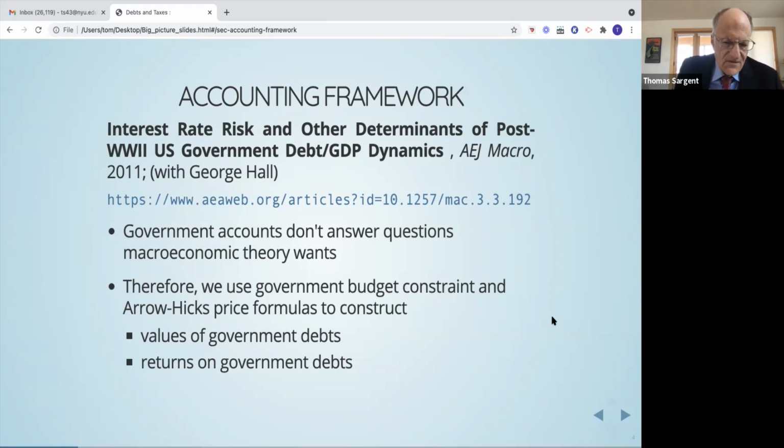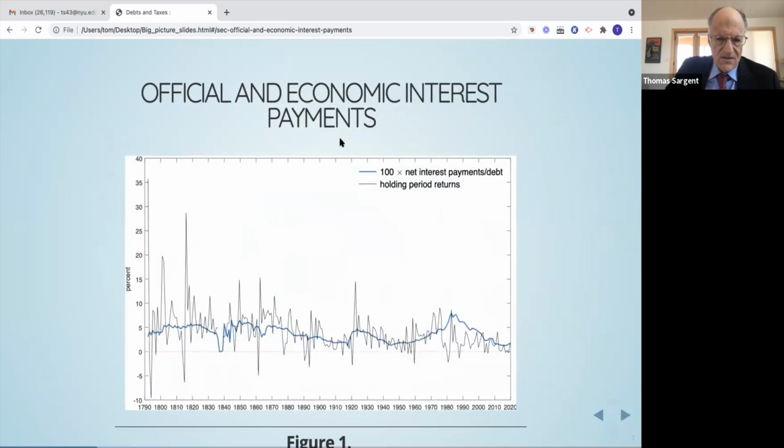So therefore, what George and I did in this paper, we used government budget constraints and Arrow-Hicks pricing formulas to construct values of government debts and returns on government debts, because those returns are what's in the government budget constraint in the models that we built. For example, the Lucas-Stokey model or the Barrow model. So I'm just going to show you some graphs of what difference it makes. So this picture goes from 1790 to 2020.